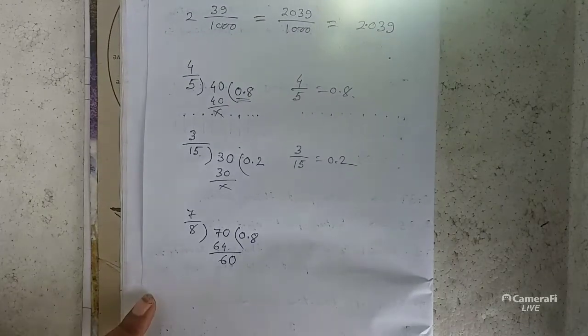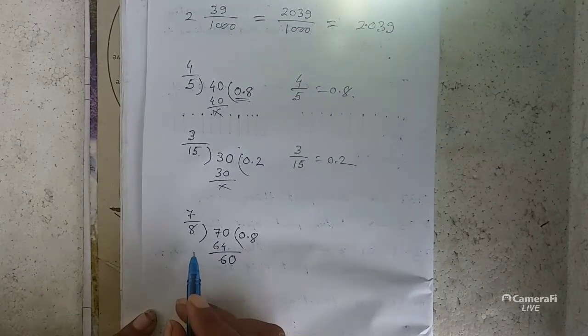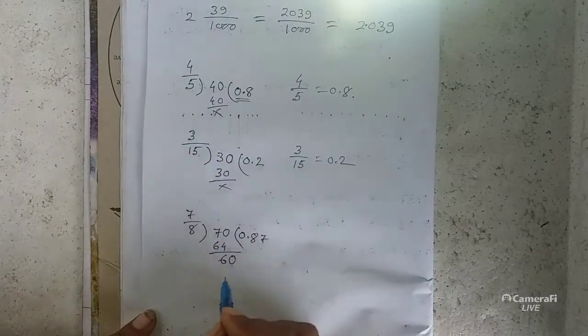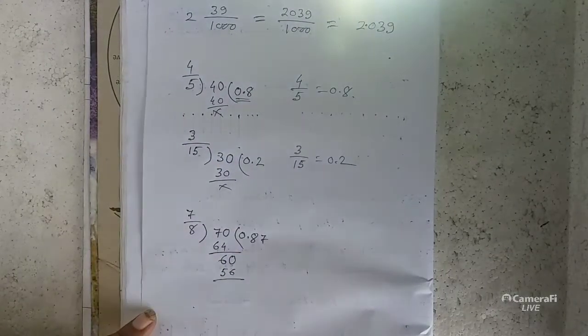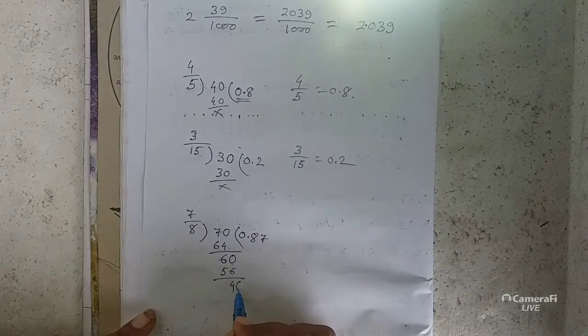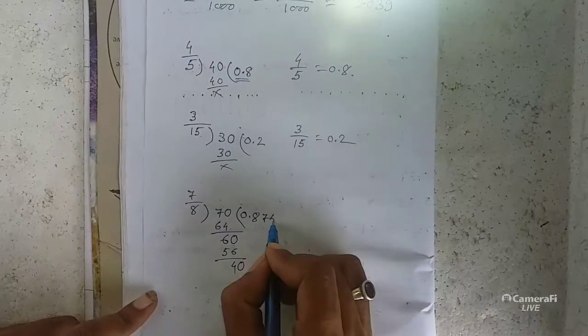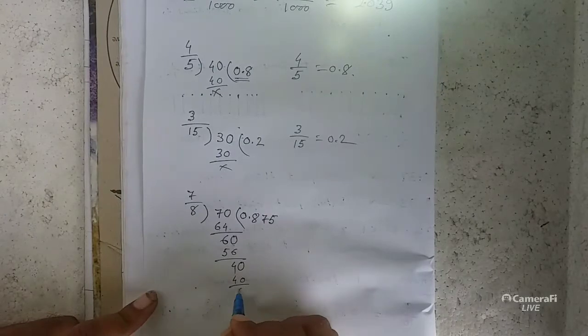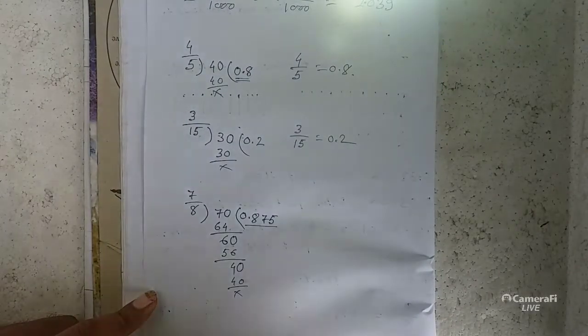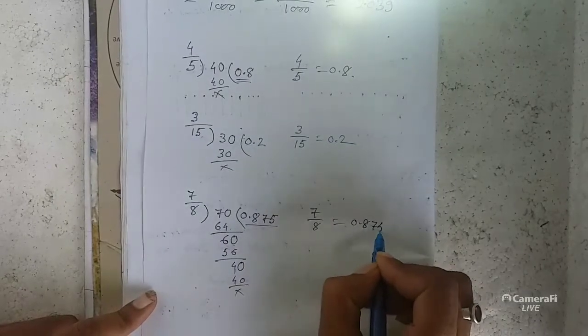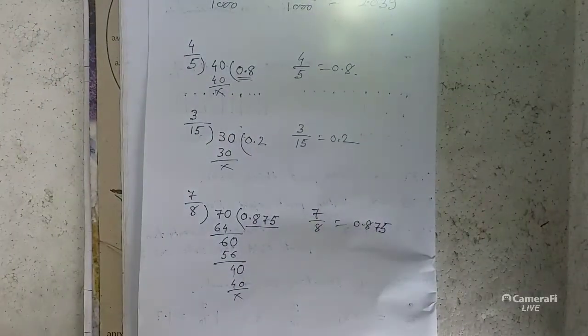Again in the table of 8, 8 7s are 56. Subtract, we get 4. Now, for this decimal again we get a 0, 40. Now, 8 5s are 40. So, in decimal the number becomes 0.875. So, 7 by 8 becomes 0.875.